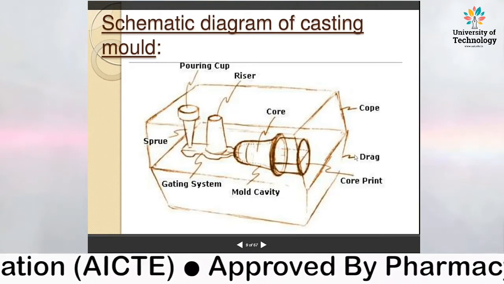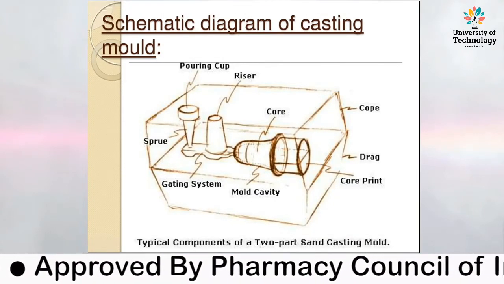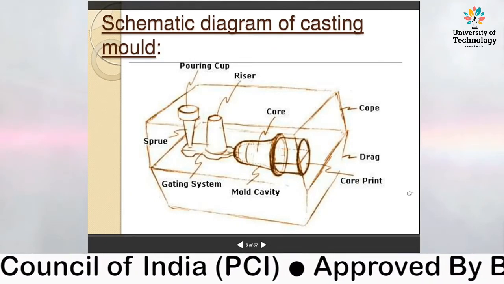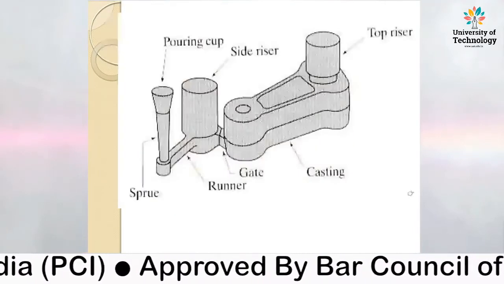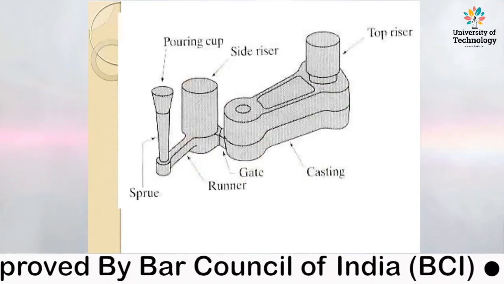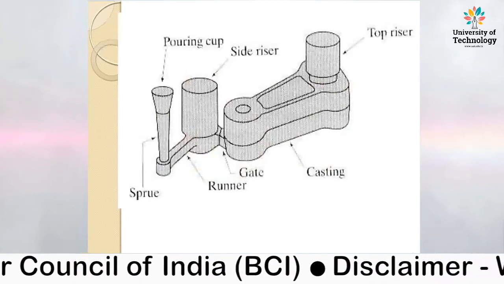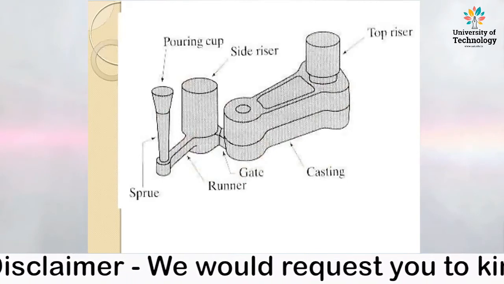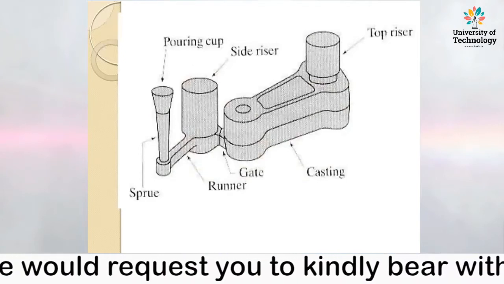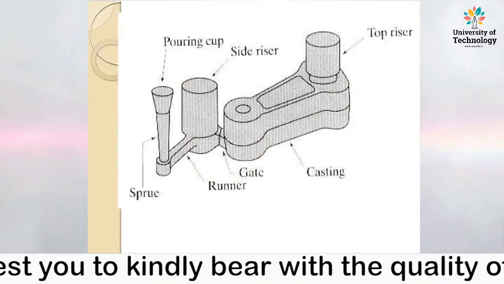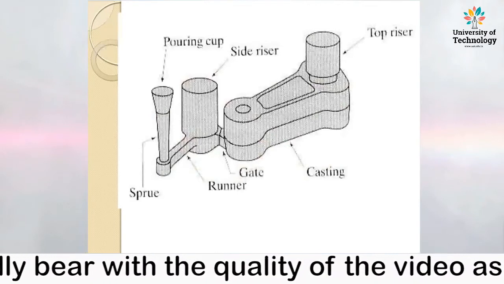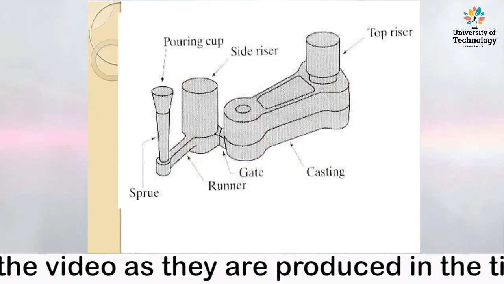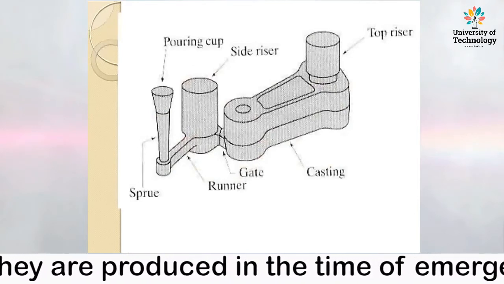Those are all the elements of the casting mold, and here is a brief description of pouring cup, sprue, side riser, gate, runner, casting, and top riser. As per this slide, we can see clearly all the parts in a casting.